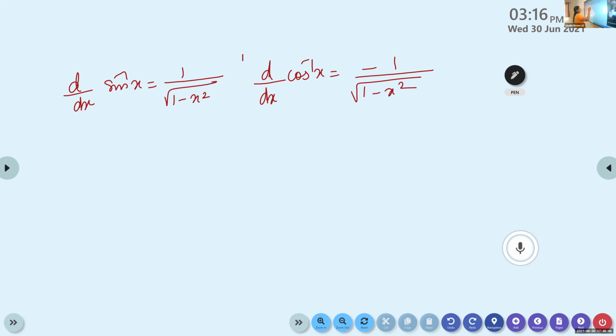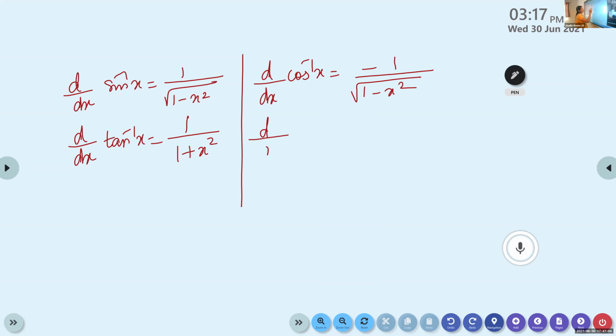Then, the derivative of tan inverse of x is 1 by 1 plus x square. Sine and cos are complementary, tan and cot are complementary, so the derivative of cot inverse of x is minus 1 by 1 plus x square.